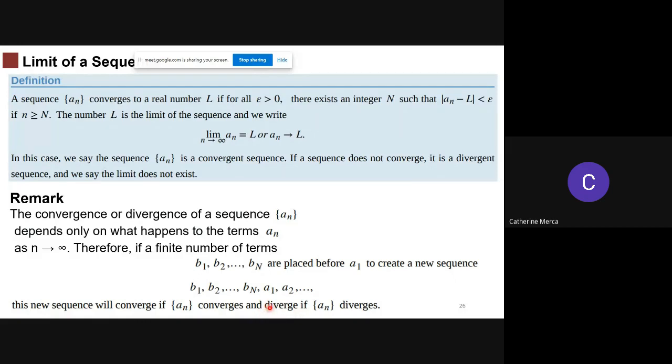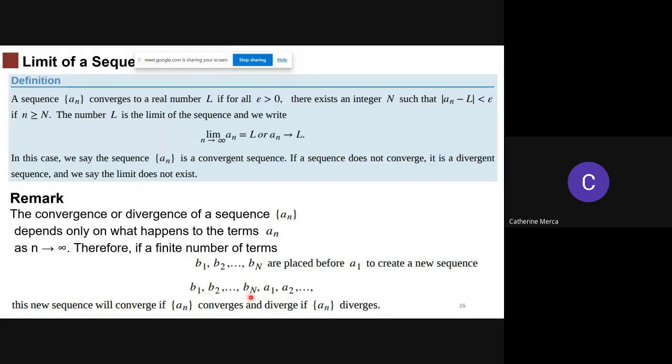And mag-diverge siya kung divergent daan siya, maski unsa pa nga numbers ang ibutang ninyo.